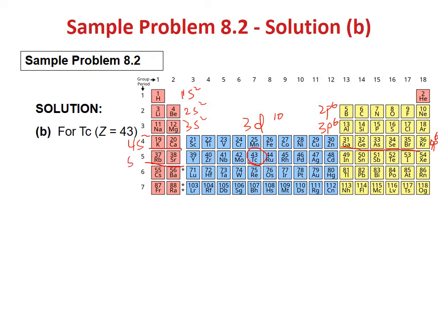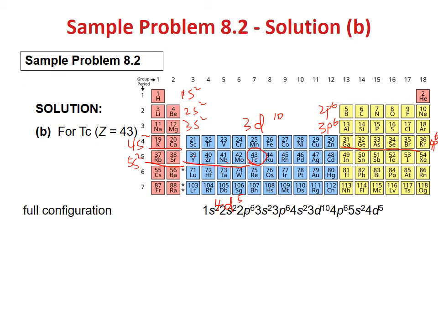Here is 5s2, and then this 4d, so 4d, 1, 2, 3, 4, 5 electrons. So the electron configuration is as shown here, until 4d5.